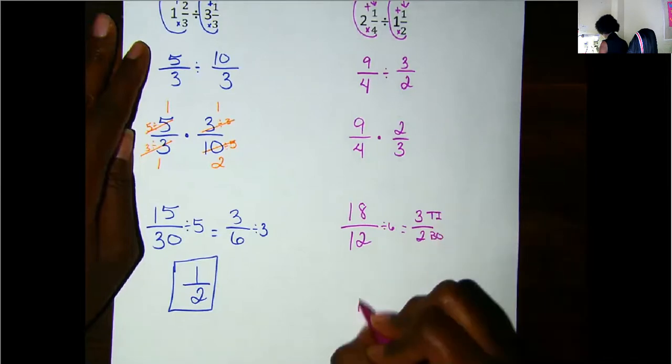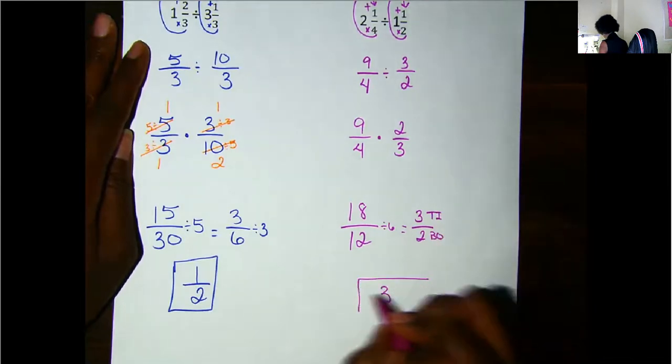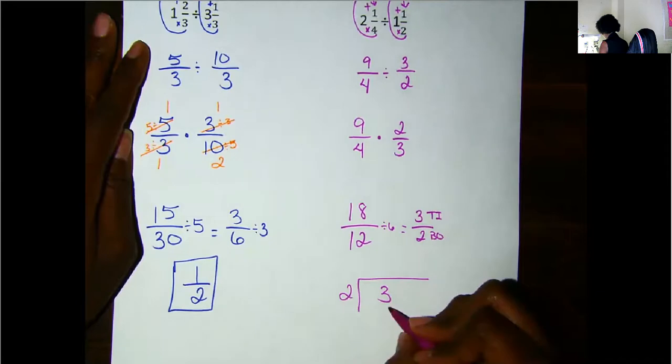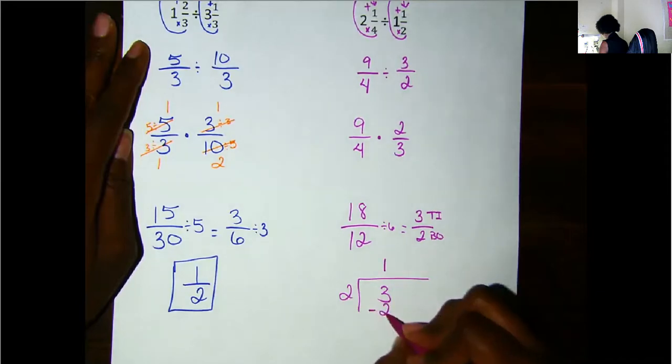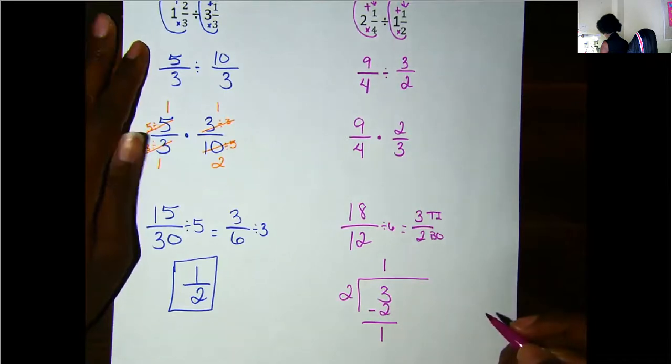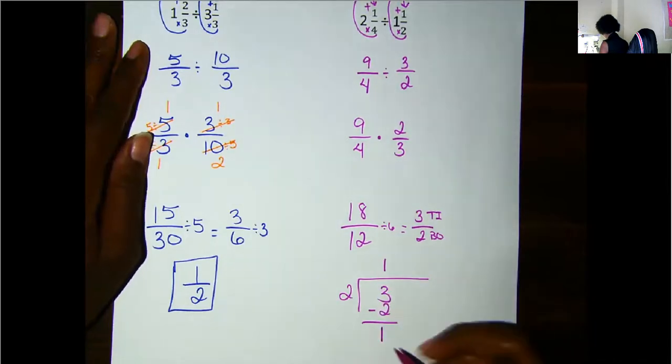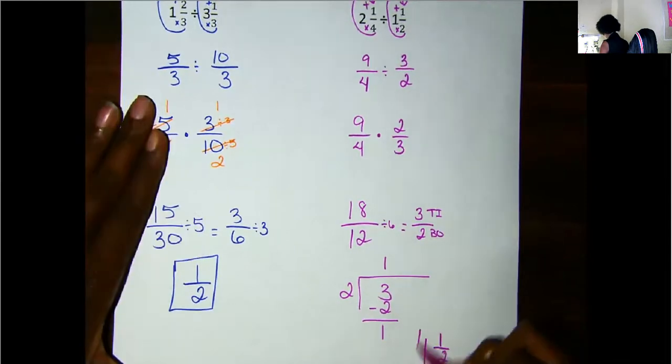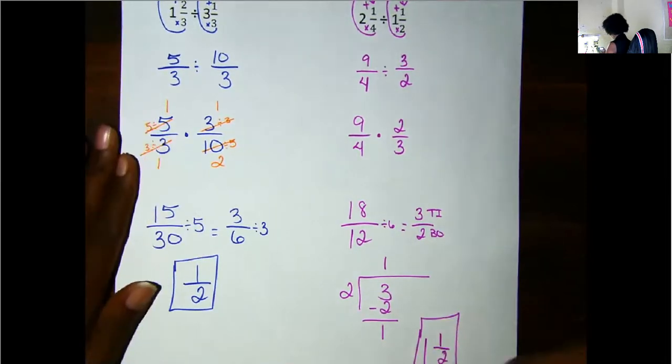Top in, bottom out. 2 will go into 3 one time, with 1 left over. Remember, we don't add a decimal. We're changing it back to a mixed number, remember? So our top number is our whole. What's left over is now our numerator, and our divisor is our denominator. 1 and 1/2. 1/2 is already as simple as it can go.